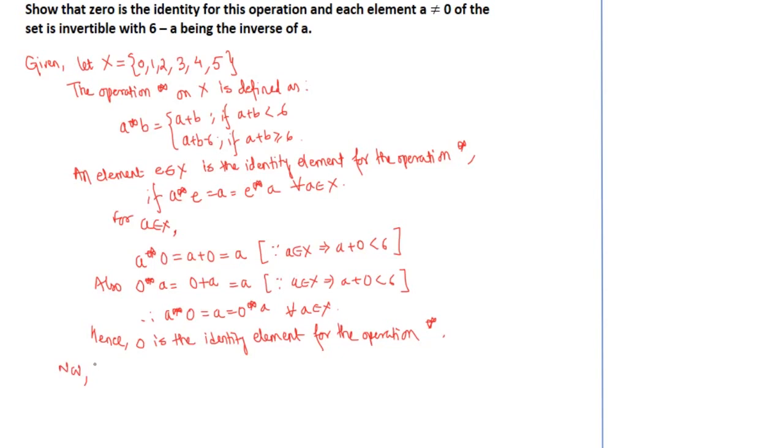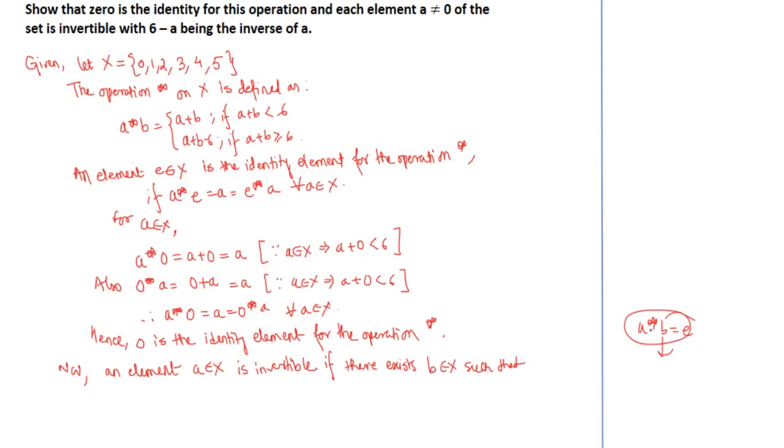By the definition of whether an element is invertible or not: an element a that belongs to X is invertible, this we are going just by definition, if there exists a b belongs to X such that a star b is equal to the identity, we have read this, for b to be an inverse of a.